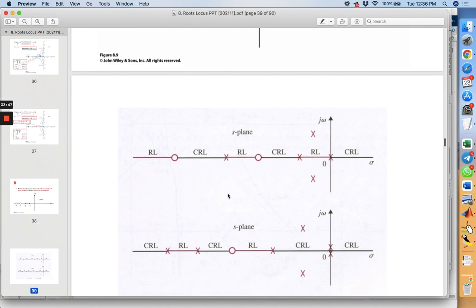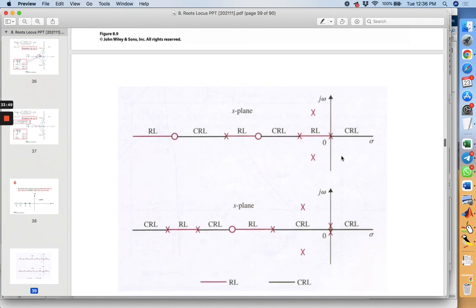In this example here, we have many poles and 2 zeros. So we have root locus between the first pole to the left, then we don't have any root locus. We have root locus between this zero and pole, then none, and then we have root locus between this zero to the left.